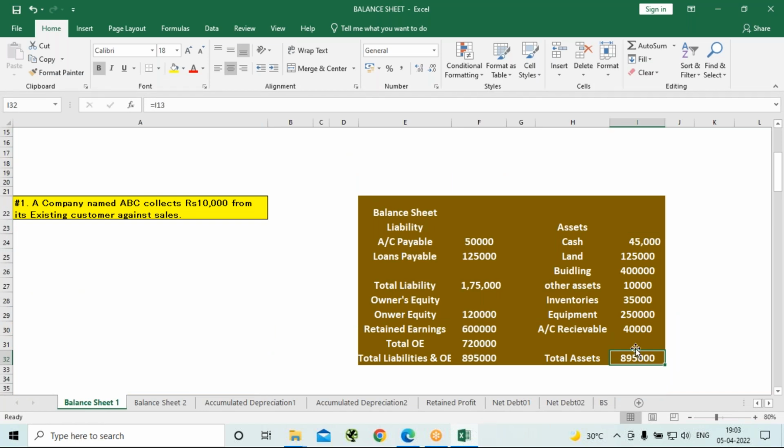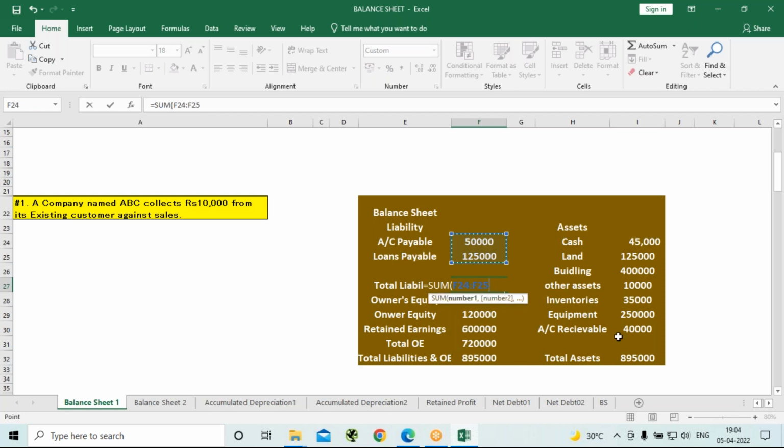Okay. So now when you are going to increase the value of the cash, at the same time there should be an increase on the other side of the value. Actually these are the values whatever we have over here. So let me put the calculation. This will be the sum of these cell values.